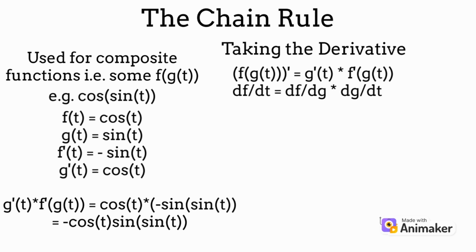So we have that times minus sine of g of t, which is sine of t. So that means our entire derivative will be minus cos of t times sine of t.